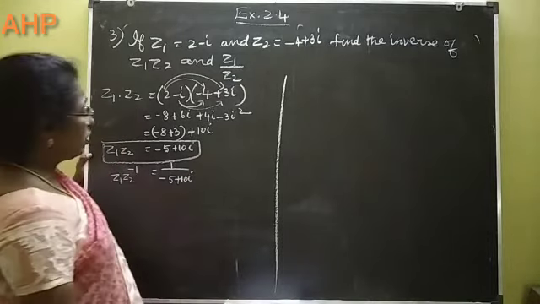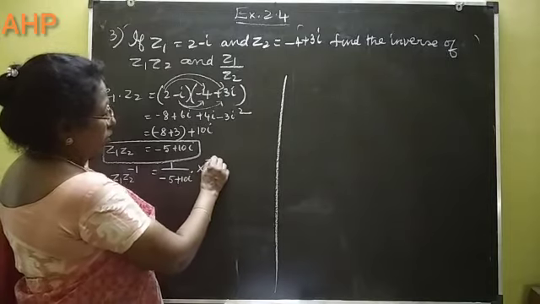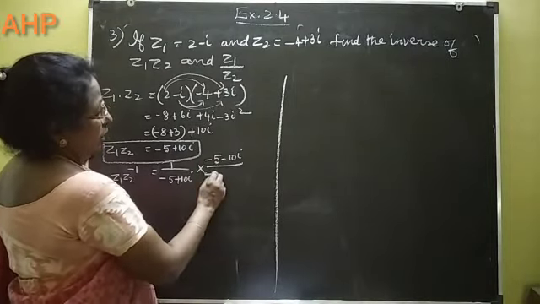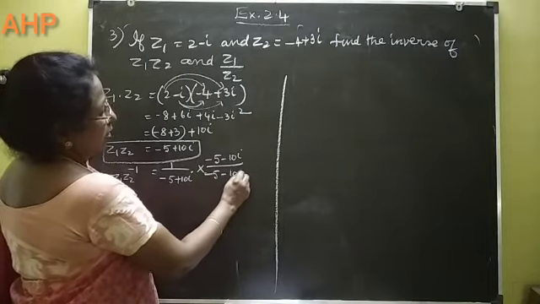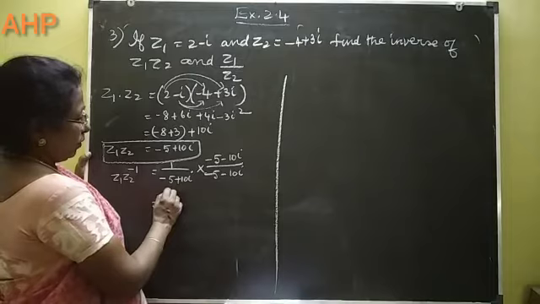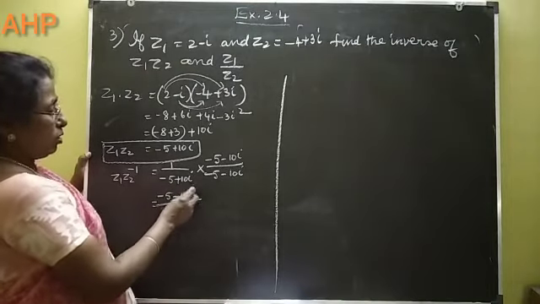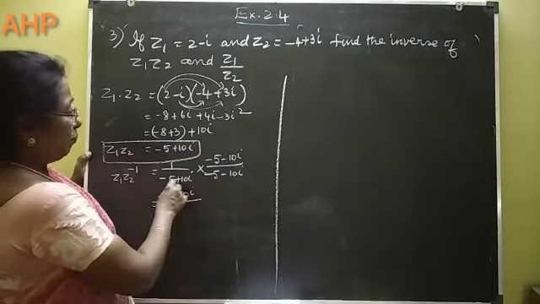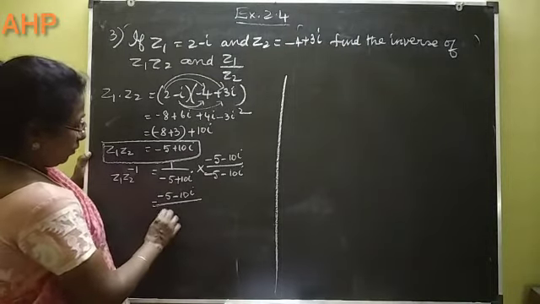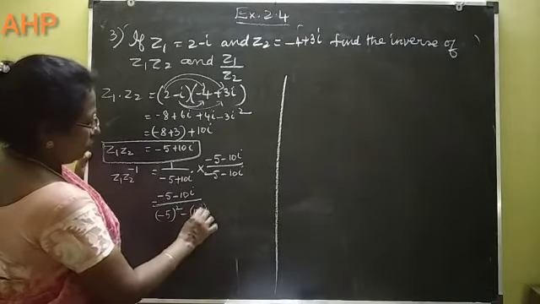So to rationalize the denominator, we will be multiplying the numerator and denominator by its conjugate, minus 5 minus 10i. So this is equal to minus 5 minus 10i divided by, now this is of the form a plus b into a minus b, so a square minus b square.